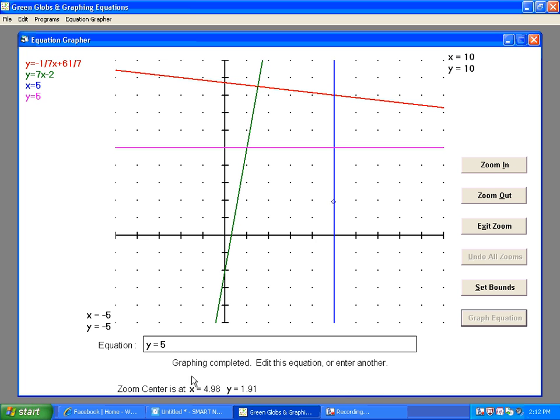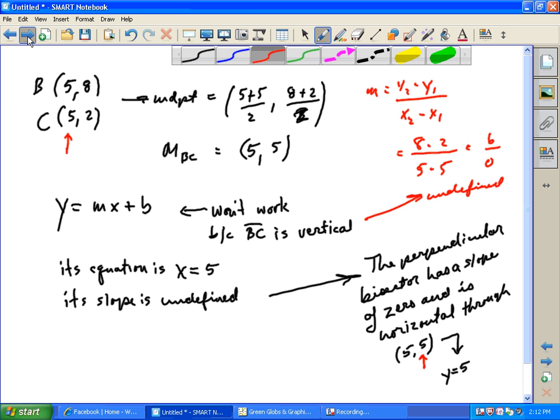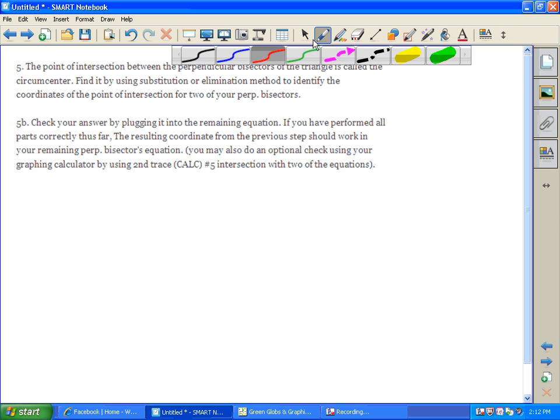All right, last step is the point of intersection. So the point of intersection between perpendicular bisectors of triangles is called the circumcenter. Find it by using substitution or elimination method to identify the coordinates of the point of intersection for two of your perpendicular bisectors. So rather than demonstrate this with my lines themselves, I'll just demonstrate in general.